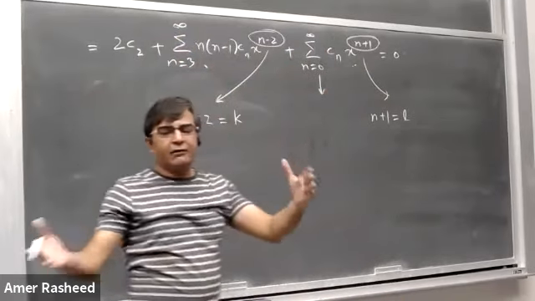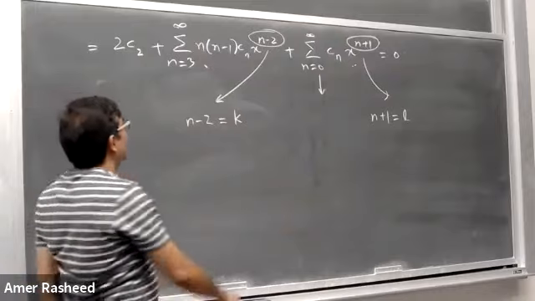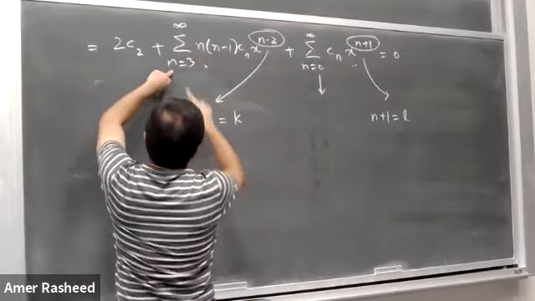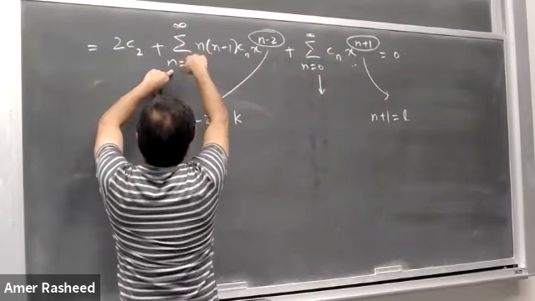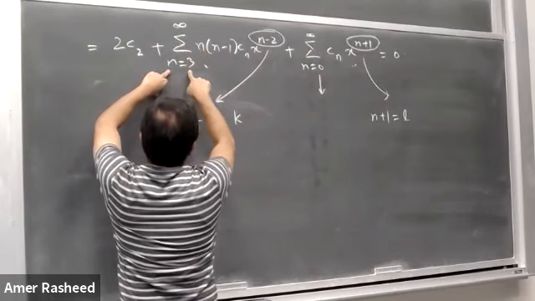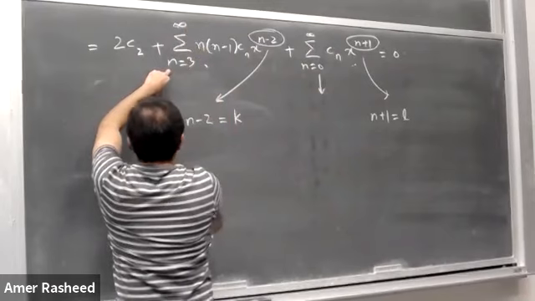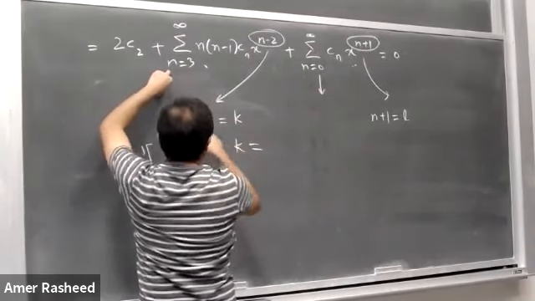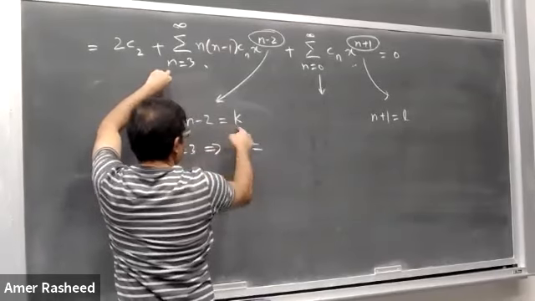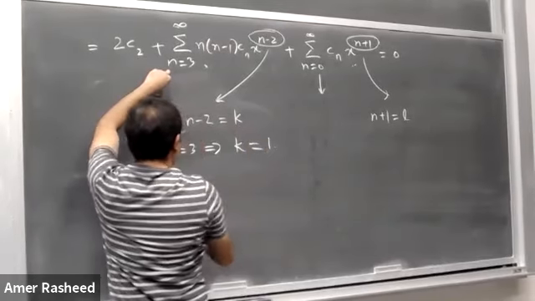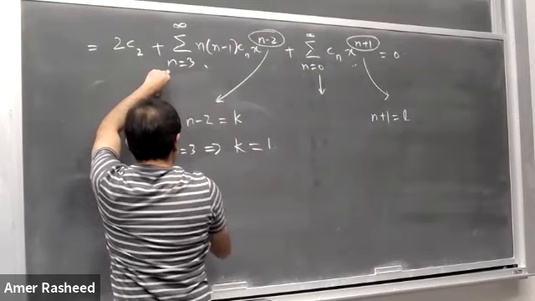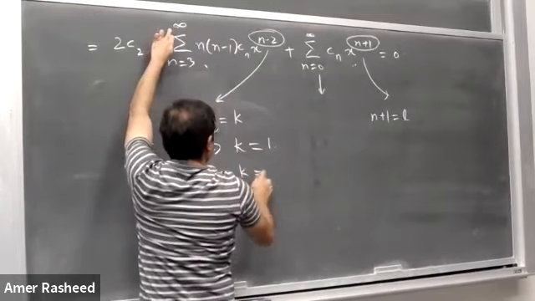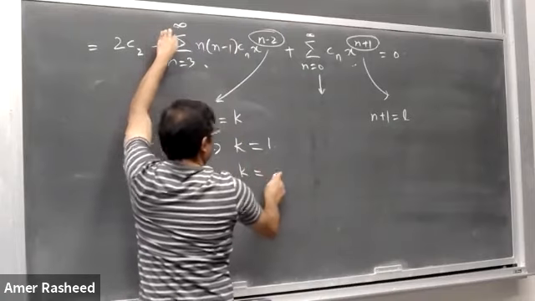N starts from 3 to infinity. So if n is equal to 3, what will be the value of k? k will be 1. And if n is equal to infinity, the value of k is infinity minus 2, which is infinity.